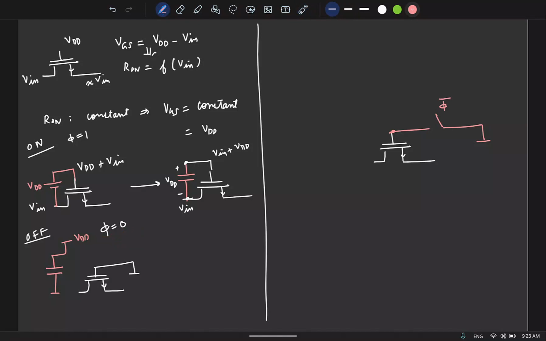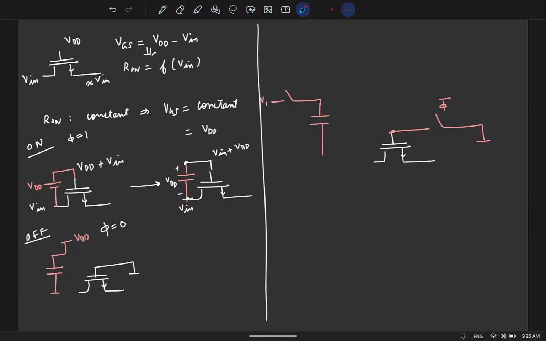Similarly, when the switch is off, when phi is 0, the capacitor also needs to be charged. So I'll take the capacitor and charge it to VDD. The point is we want to keep a constant VGS, and in principle you can do it by having a voltage source across the transistor.